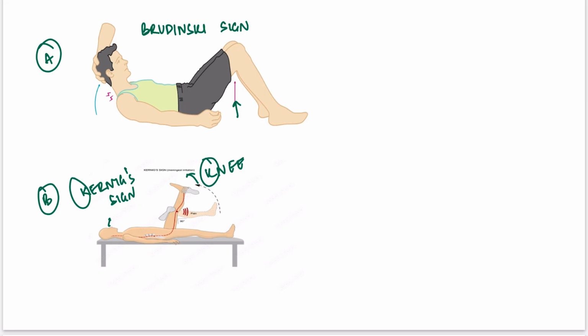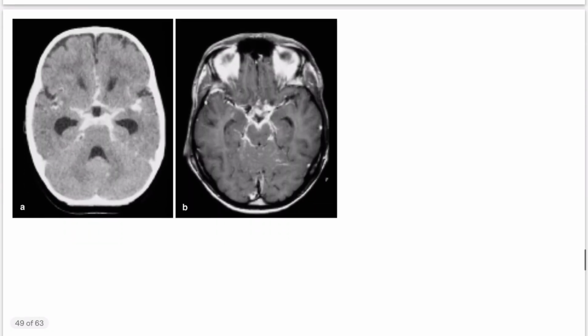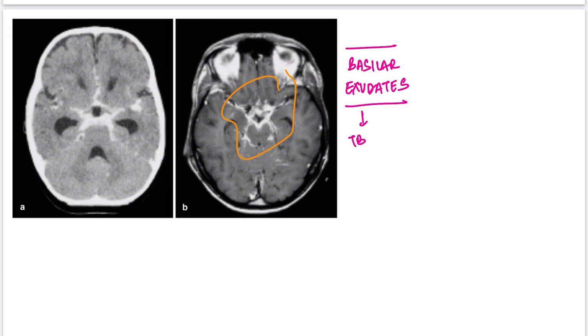With that, now let's look at some of the MRI imaging of meningitis. Look at the first image. Can you notice the brightness in the basal region? These are nothing but basilar exudates. These basilar exudates are typical in cases of TB meningitis, tubercular meningitis.